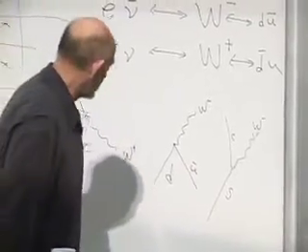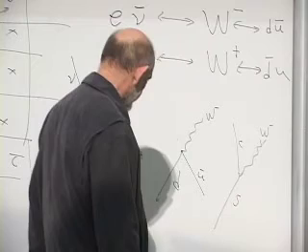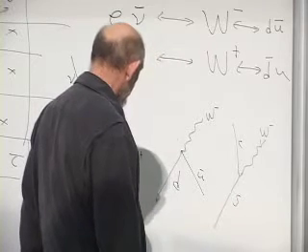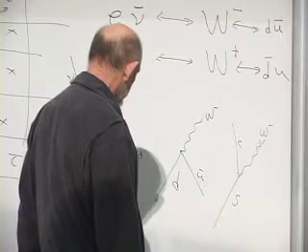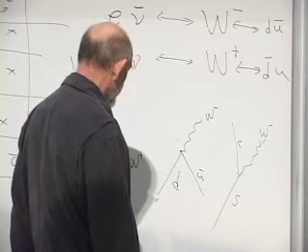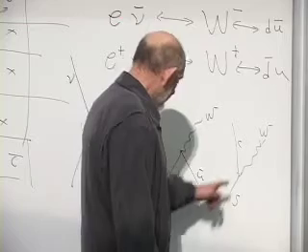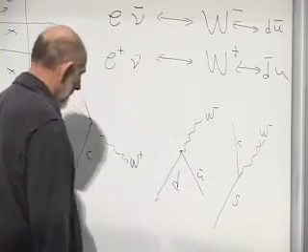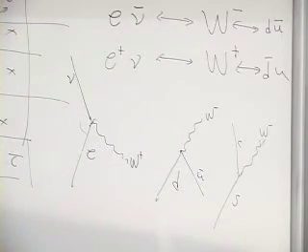I'm not understanding this. On the right post diagram, W minus there is a strange anti-charm. Yes. So that's the same as a down anti-up? Yes. That's a strange anti-charm, right? Yes. That's the same as a down? It's not literally a strange and an anti-charm.